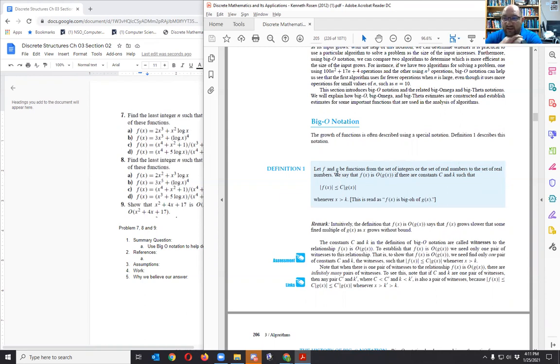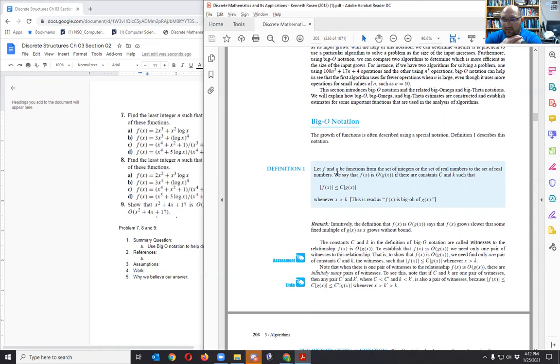We say that f of x is on the order of g of x if there are constants c and k such that f of x is less than some constant c times g of x whenever x is greater than k. And this is read, f of x is big O of g of x.